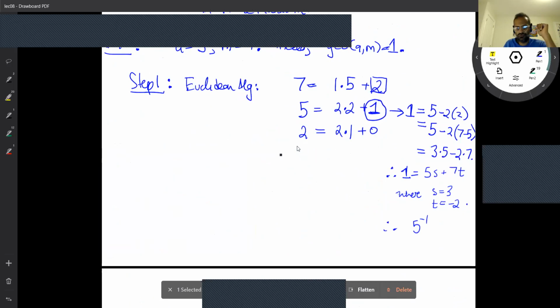So let's see, I want to use the notation that the book is using for this.